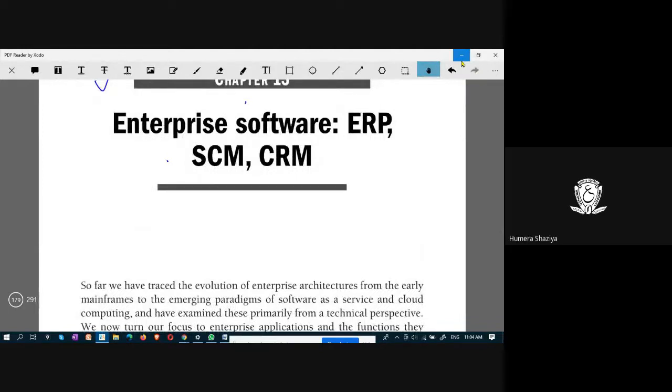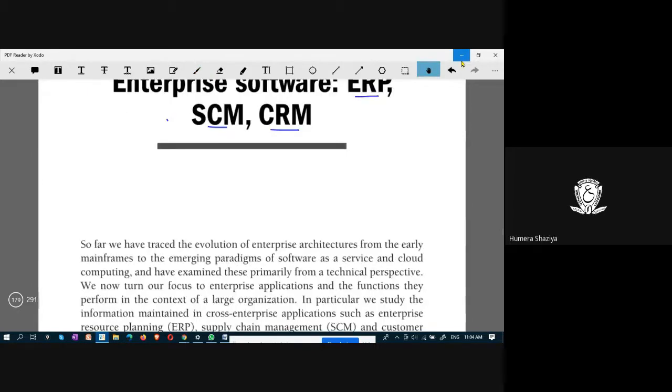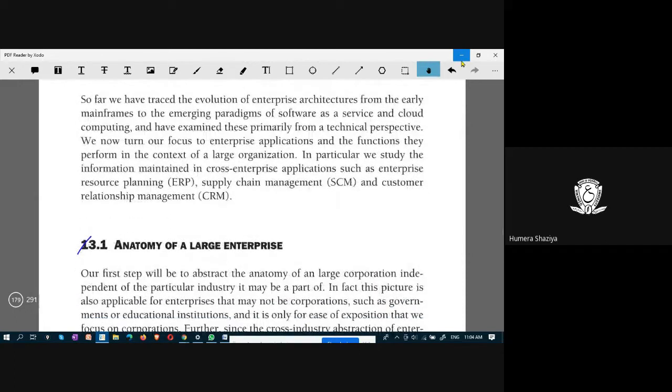The chapter names are Enterprise Software, ERP, SCM, CRM. These are known as enterprise softwares. What are these? We will look at as we progress further.